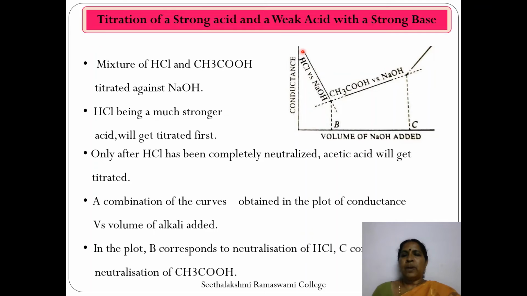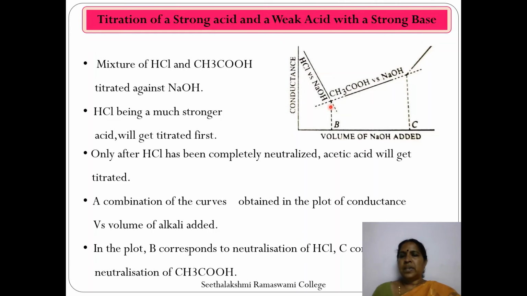Initially, a high value of conductance is observed due to the fast moving H plus ions present in hydrochloric acid. On adding sodium hydroxide, a decrease in conductance is observed due to the replacement of fast-moving H plus ions by slow-moving Na plus ions.